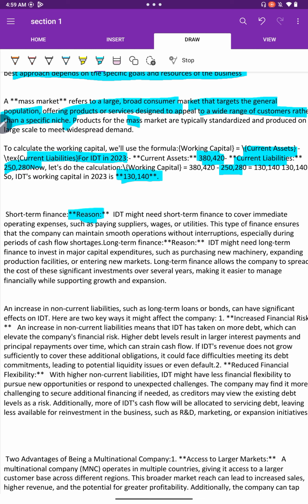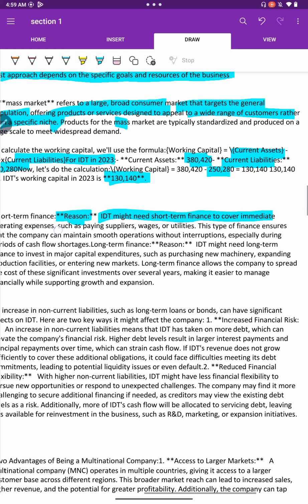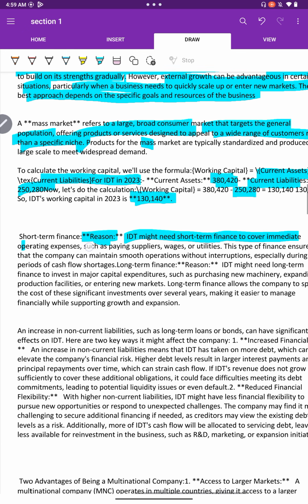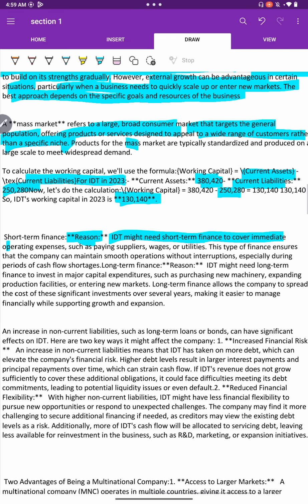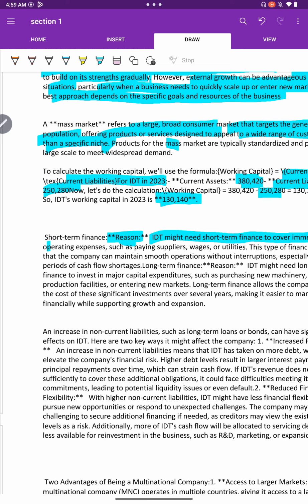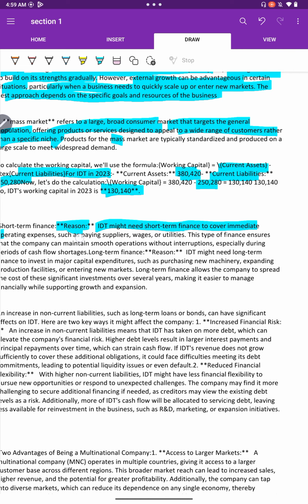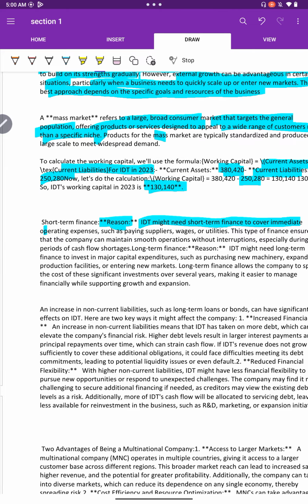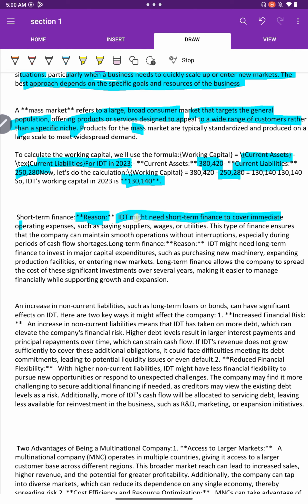So the reason first is that IDT might need short-term finance to cover its immediate operating expenses, such as paying suppliers, wages or utilities, and this type of finance ensures that the company can maintain smooth operations without.